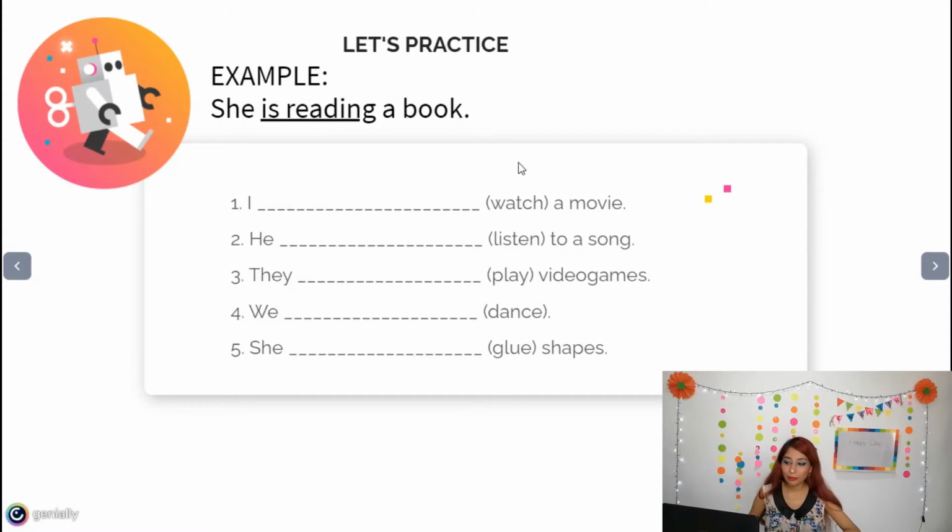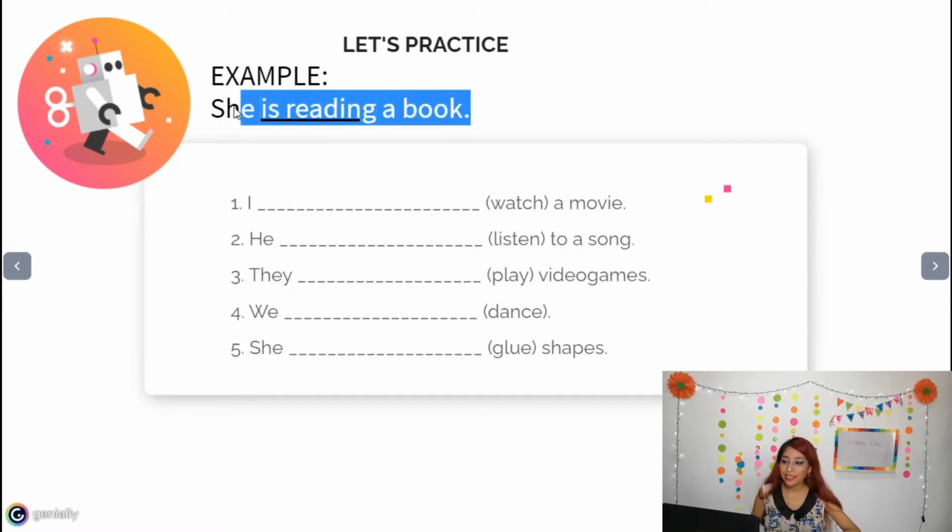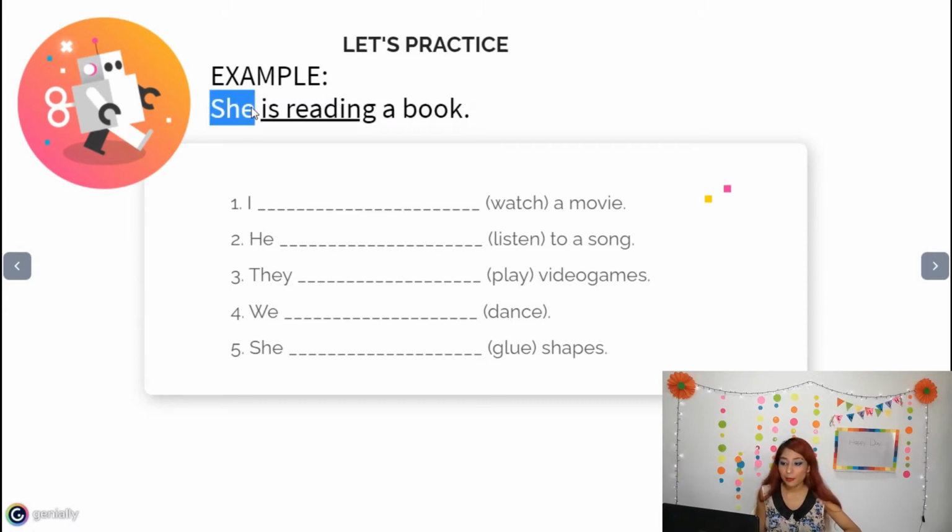Okay, we have an example. It says, she is reading a book. Here we have the personal pronoun she, the verb to be is, because we know that we always use is with she. She is. Then we have our main verb in gerund. She is reading, and the rest of the sentence, a book.